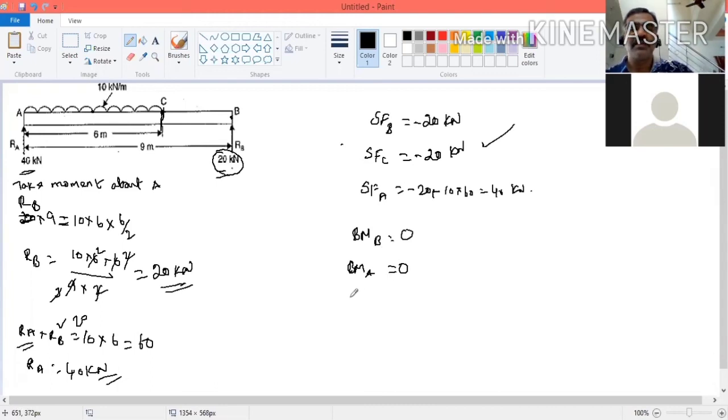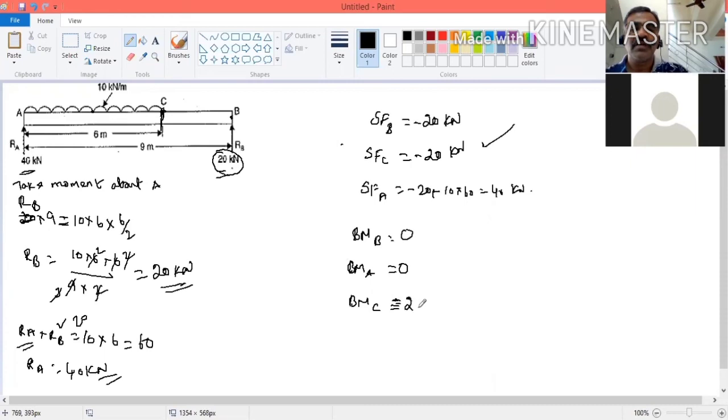Now you find the bending moment at point C. For this, you can consider either the right side or the left side. If you consider the right side, what is the bending moment at point C? It is equal to the force, 20.